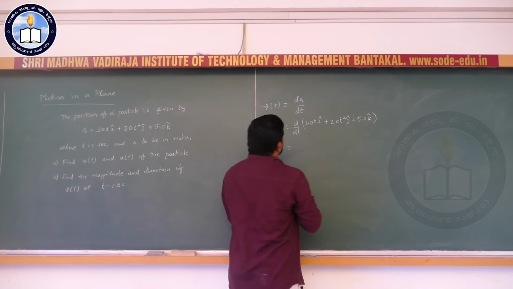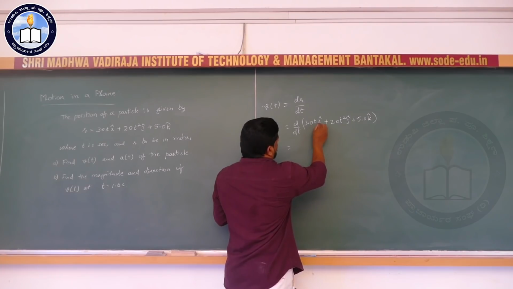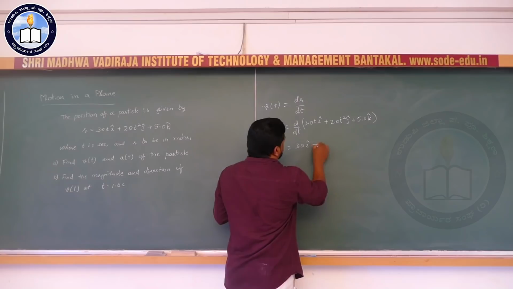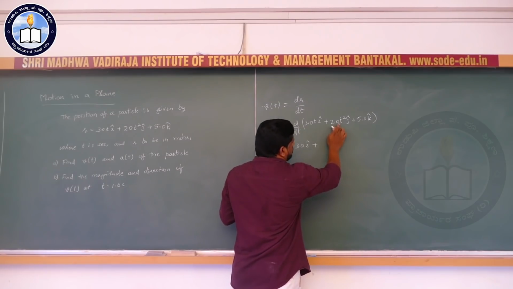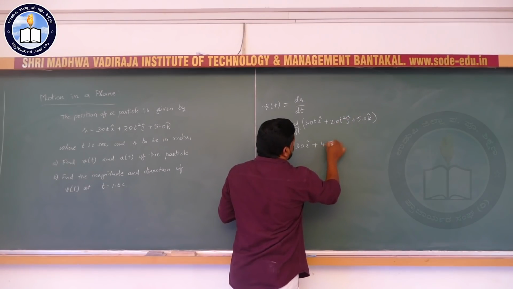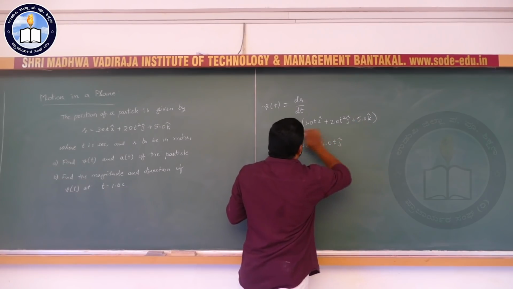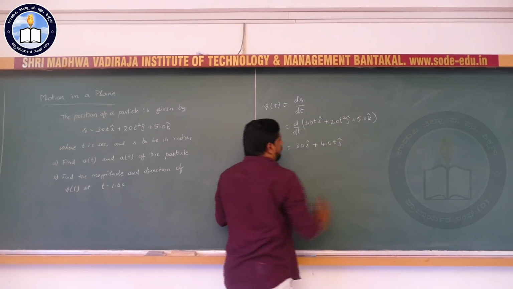If you continue, d by dt of 3.0 t i cap is nothing but 3.0 i cap, plus d by dt of 2.0 t square. d by dt of t square is 2t, therefore 4.0 t into j cap, plus d by dt of 5.0.